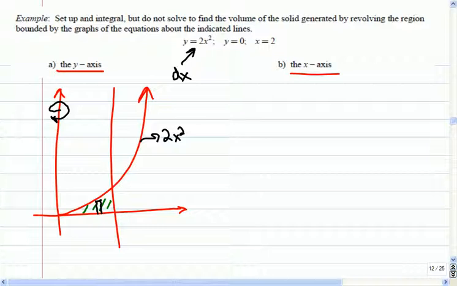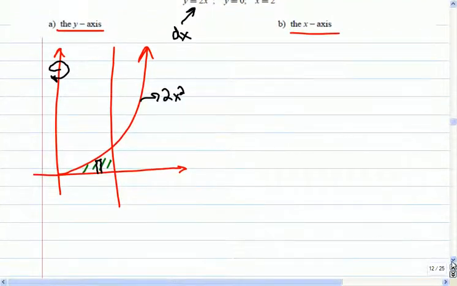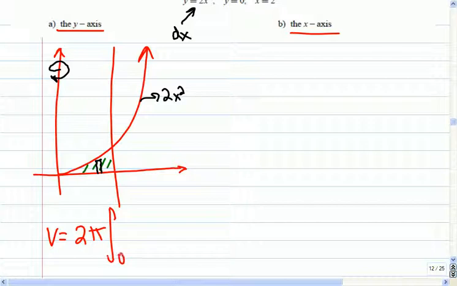So let's come up with an integral. For a shell, it's 2 pi, and we're going from 0 to 2 because we're doing it with respect to x. My radius function, if I'm rotating it around the y-axis, this is my radius here, which is whatever the value of x is at that particular position. So the radius function is x.